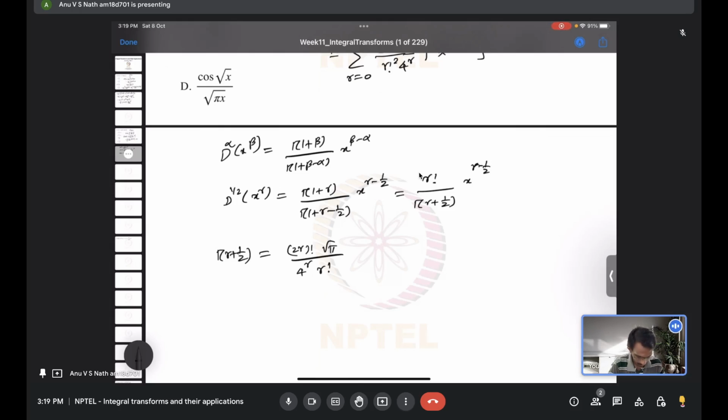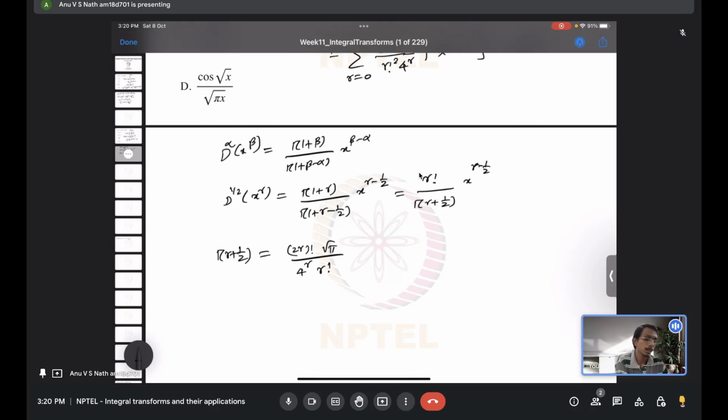I think I am missing some coefficient. Yeah, it is correct: 2r factorial square root pi divided by 4 to the r times r factorial.